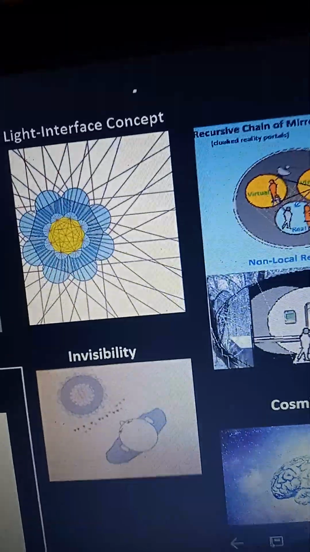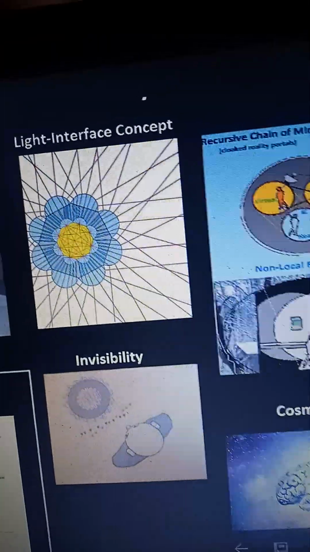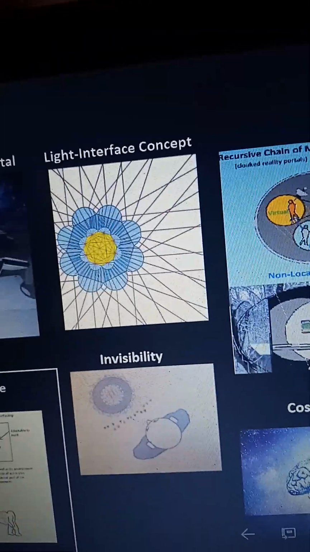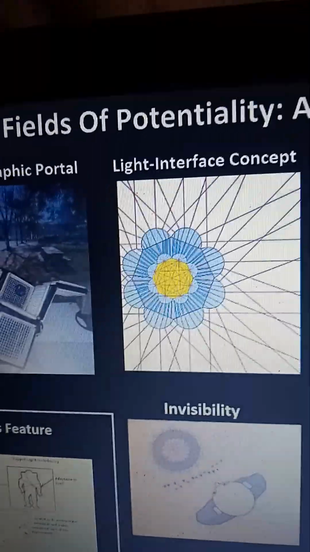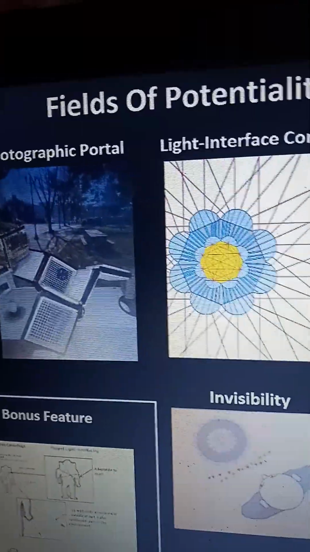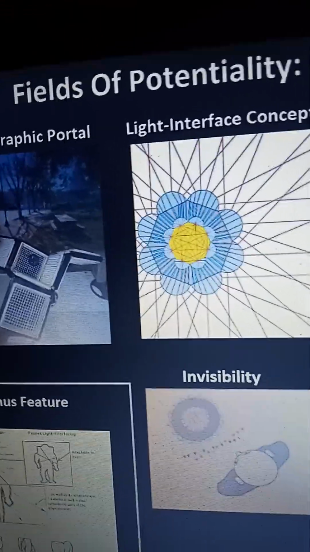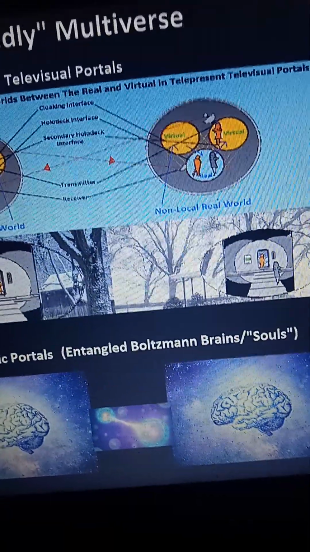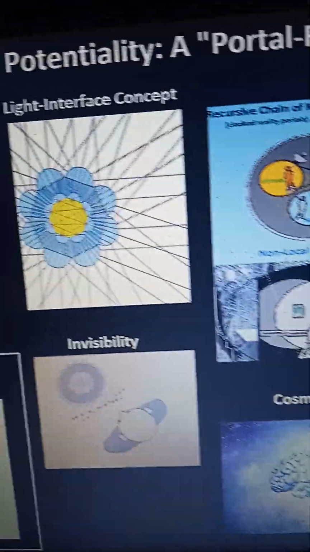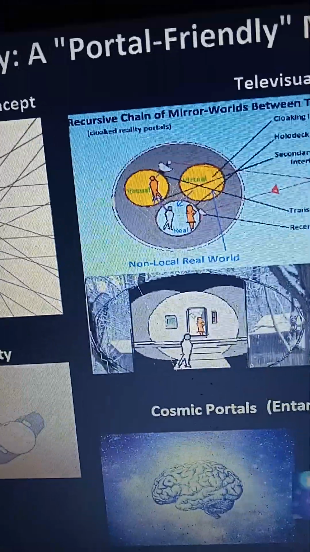And in this field of potentiality, there exists at each point in space the potential for not only souls, as my friend was talking about, entangled Boltzmann brains is what I would call them, but also portals.